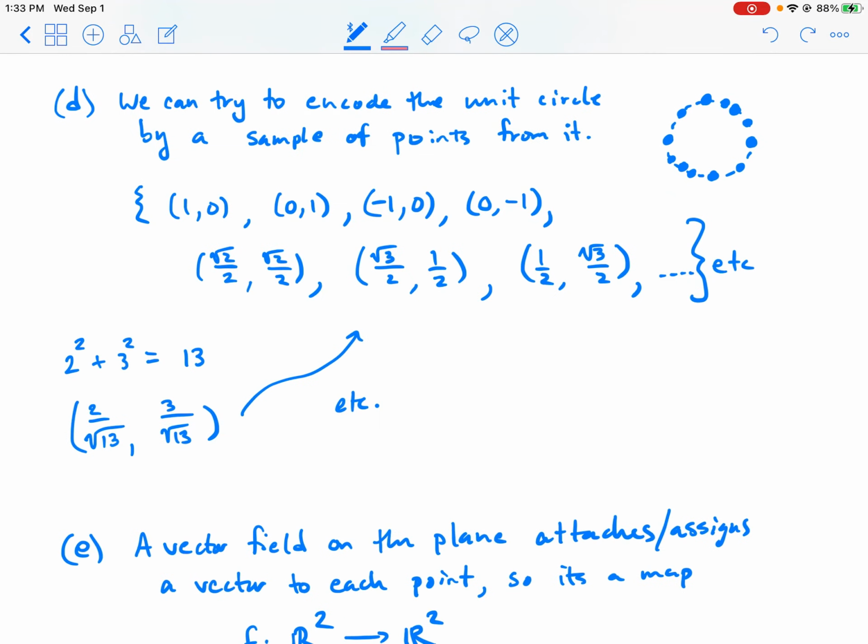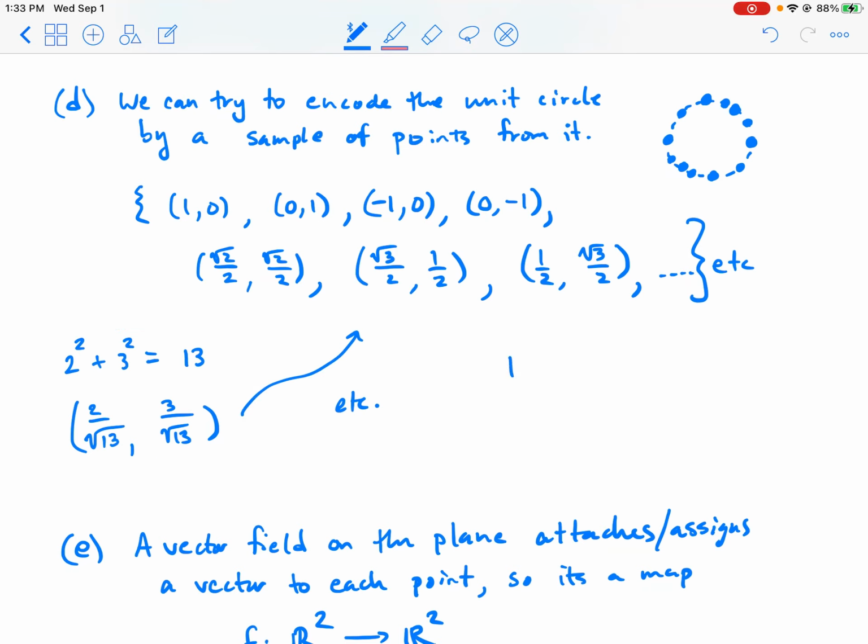Let's look at a circle. We can try to encode the unit circle by a sample of points. And so I just started writing down some points. The easiest ones were these ones. Then it got a little harder. I had to remember my unit circle. And then I decided, okay, I can make up some more ridiculous points by doing that.